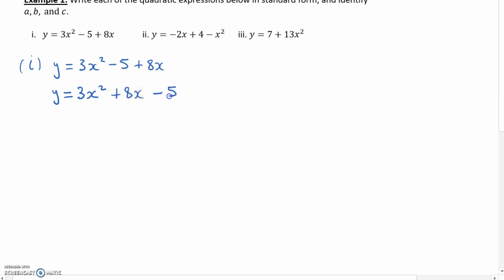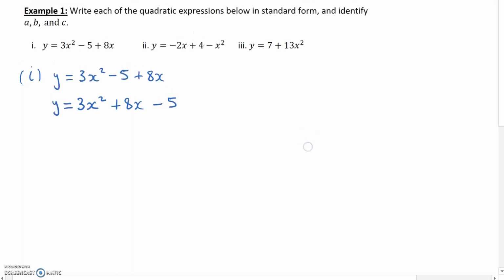And now when you have it in that form, the coefficient in front of the x squared is a, the coefficient in front of x is b, and the constant on its own is c.